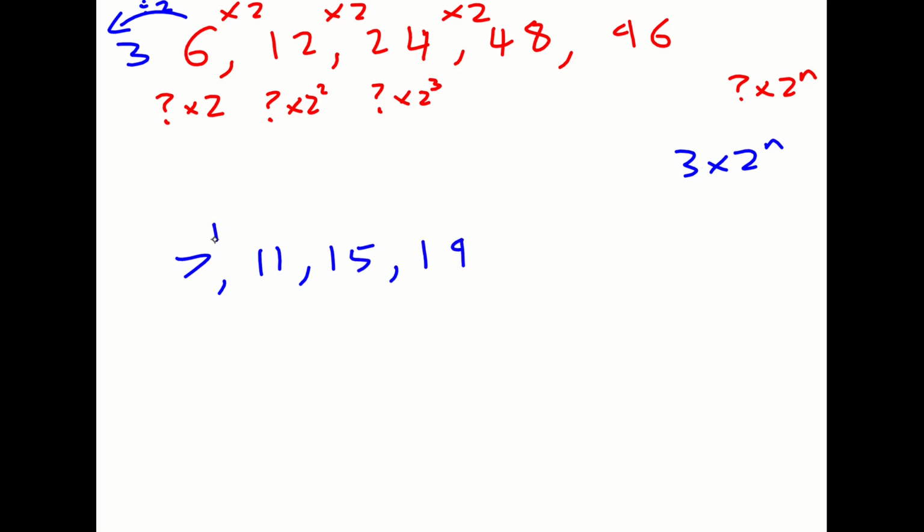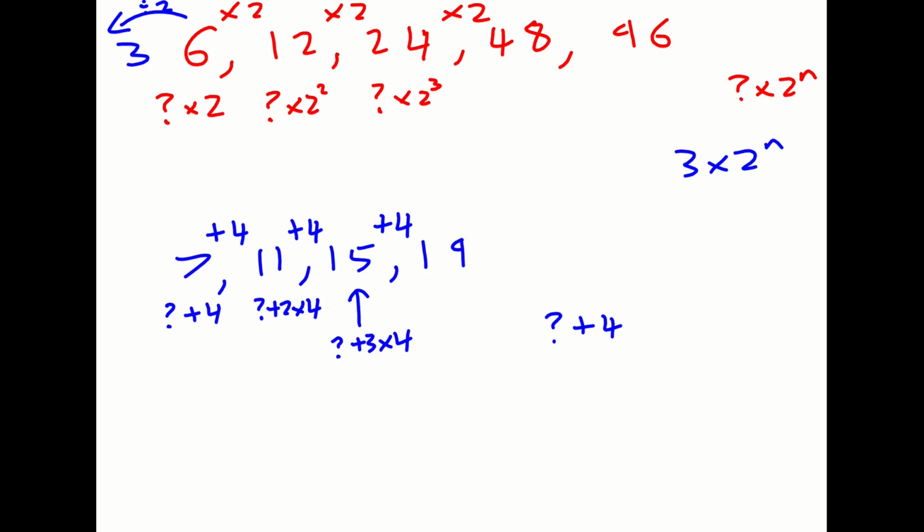we see that we're adding 4 every time. And so here we've got something plus 1 lot of 4, something plus 2 lots of 4 because I've added 4 on. Here, sorry, I've not left enough space, but here we've got something plus 3 lots of 4. And so the nth term is going to be something plus n lots of 4, or 4n.